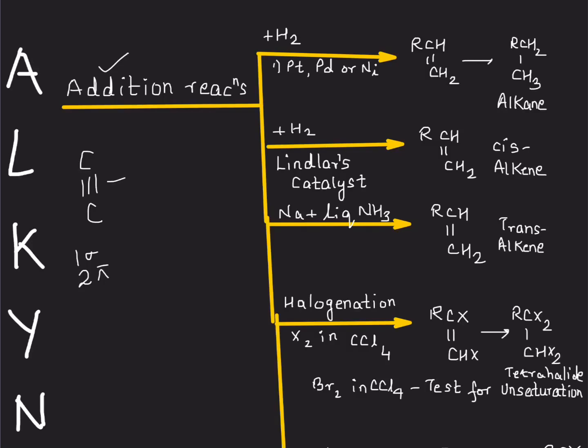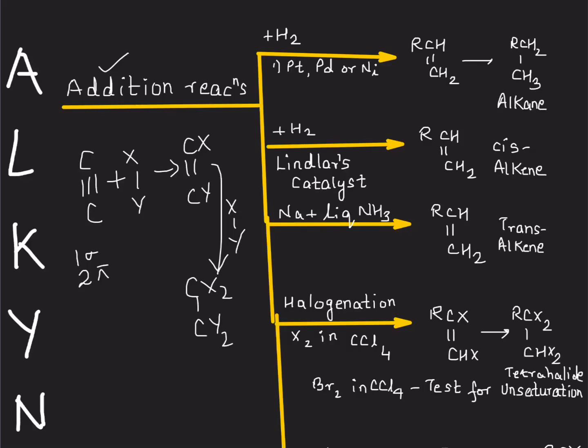So you add the same reagent X-Y, apply the same rules, CX, CY, and then again add another molecule of X-Y, and you have CX2 and CY2. As simple as that.